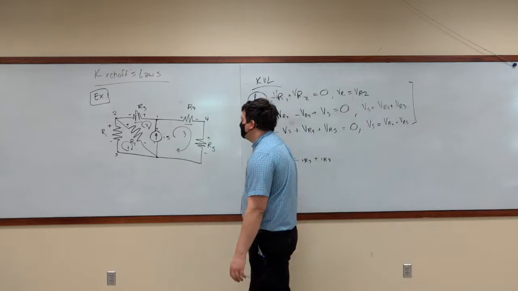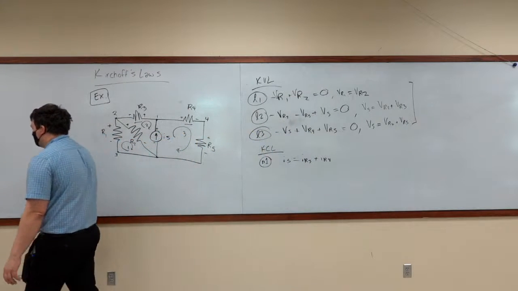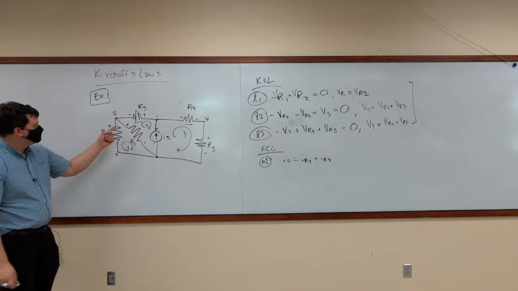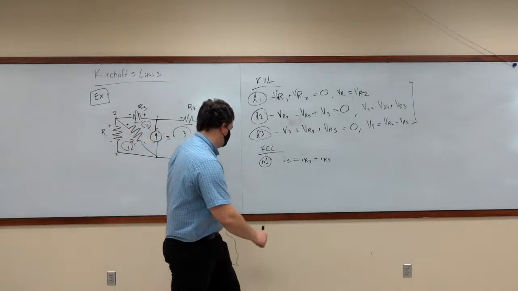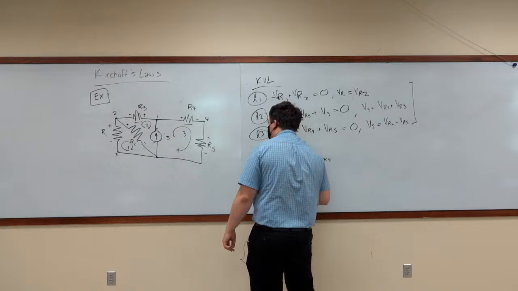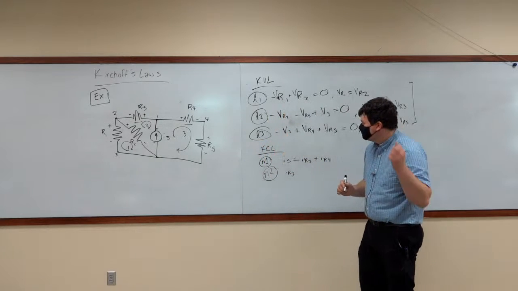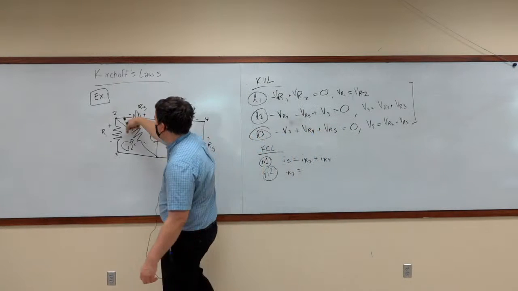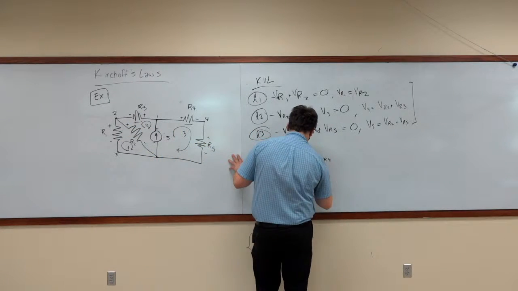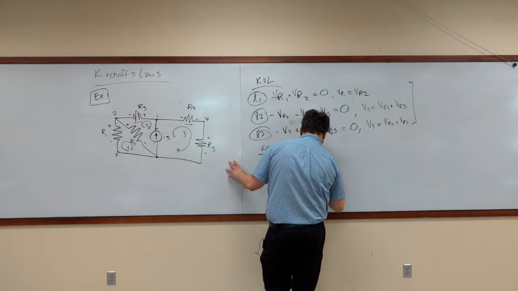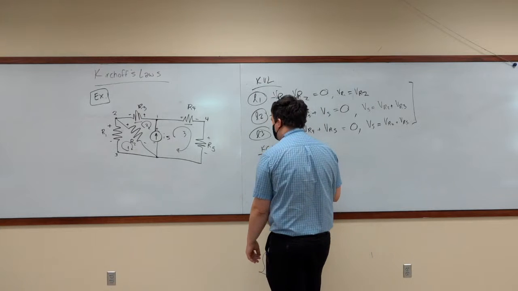All right. What currents are going into node 2? IR3. What else? Is that it? Yep. All the other currents are pointed away. So then what are coming out of node 2? Okay.